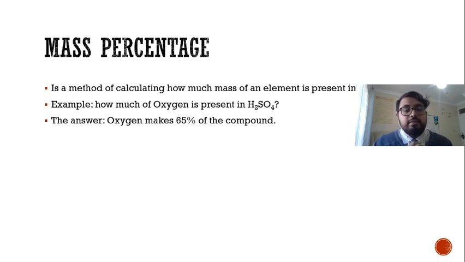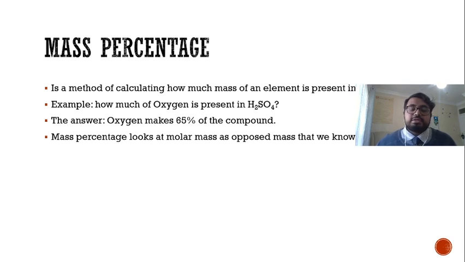Excuse me. One thing we need to know about mass percentage is that it uses the mass to calculate a percentage, right? And this mass can either be in grams or it can be in grams per mole.